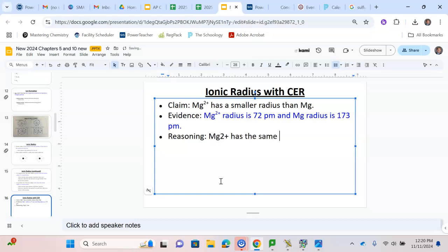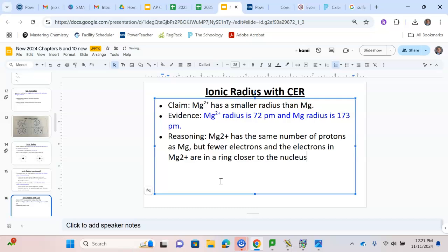has the same number of protons as Mg, but fewer electrons. And the electrons in Mg2+ are closer to the nucleus. Let's see how that sounds.